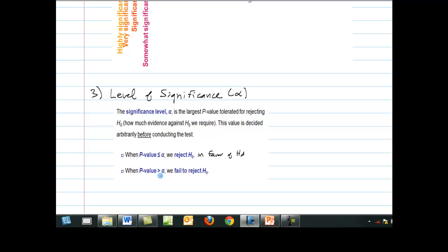If your p is greater than your level of significance, we fail to reject H0 and we're done with the test. Now remember, when we reject H0, this means the test is statistically significant. So if you have statistically significant results, that means you rejected H0.